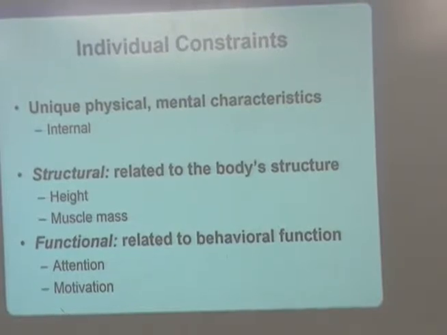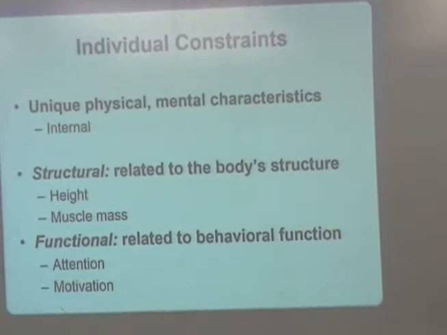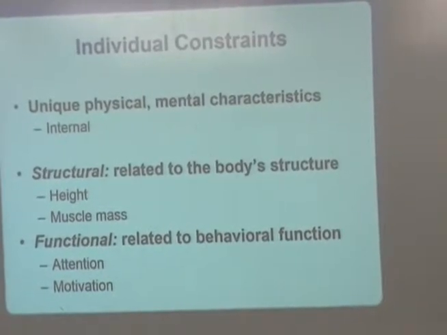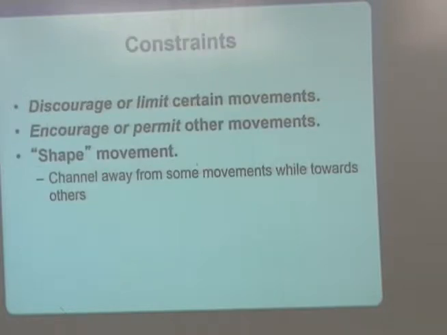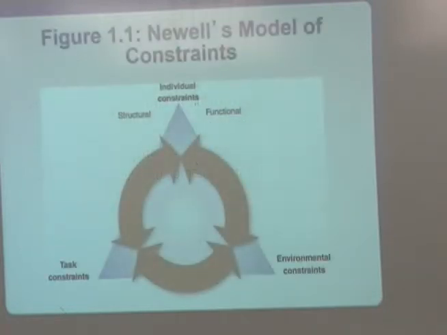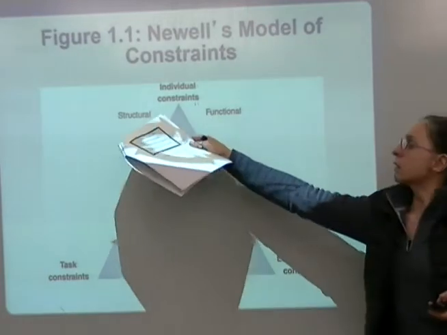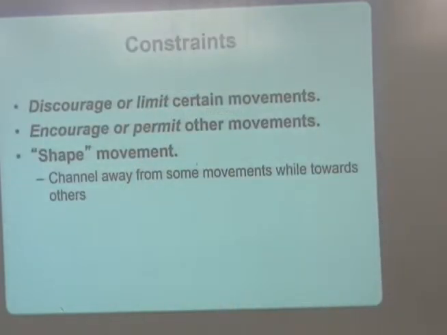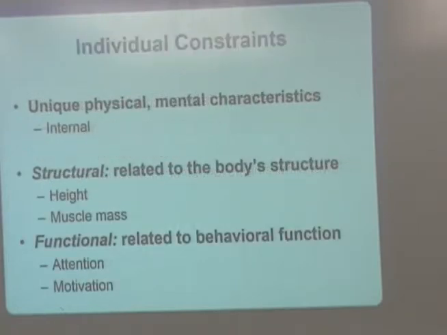They might be genetic, they might be emotional, right? All kinds of things going on with the person that might change what you see on a particular day. And if you go back and look at the triangle, right? We subdivide them here into structural and functional.